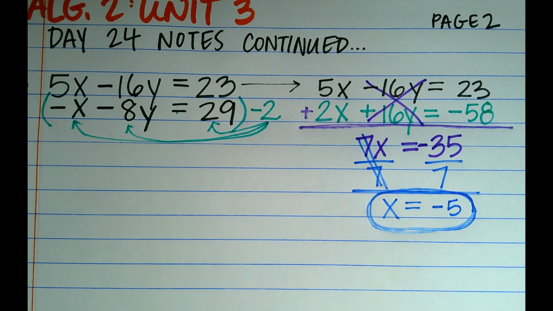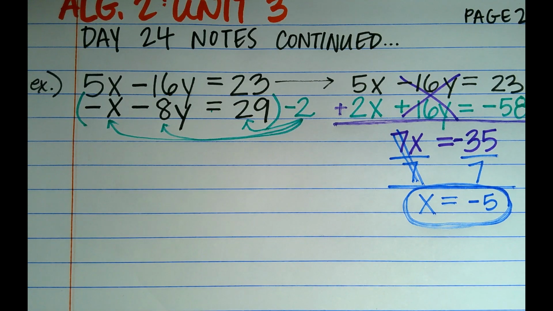Plug negative 5 into one of my original equations. Does it matter which one I use? No, it doesn't. You can use either one. What do you guys want to do? Top or bottom? Top one? All right, let's do it.